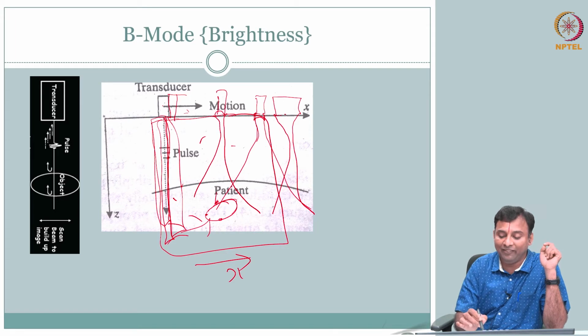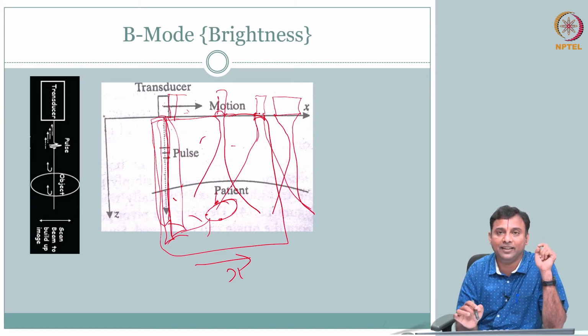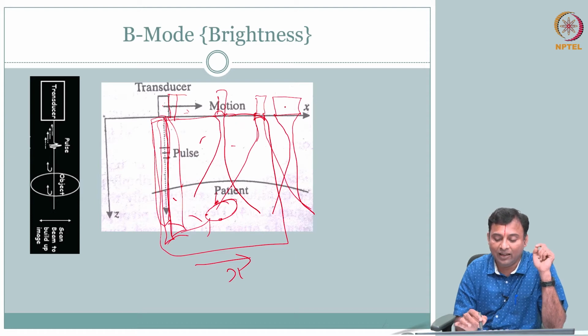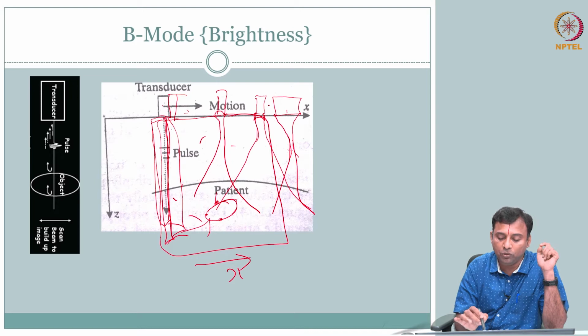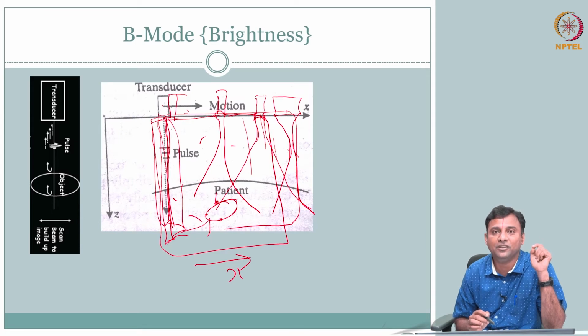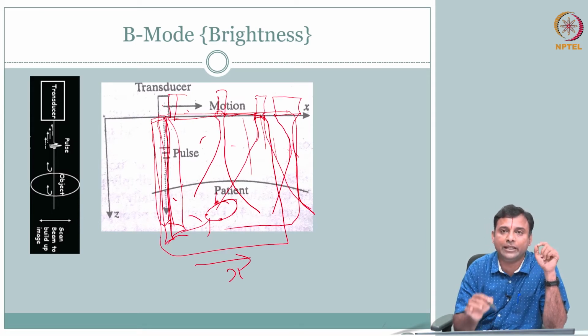But then if I have this much, if I step in the lateral direction, I still have to step as fine as possible, but anything finer than this is not going to help. This is the narrowest. So the narrower I step, the more lines I have to do to cover the same distance. That means at each location I am sending one pulse.